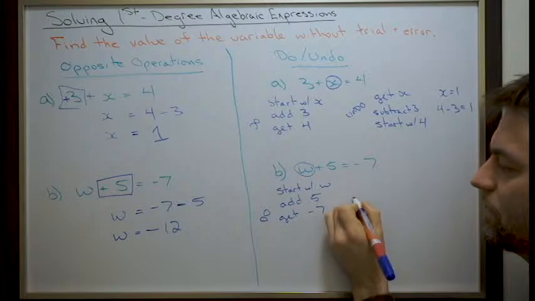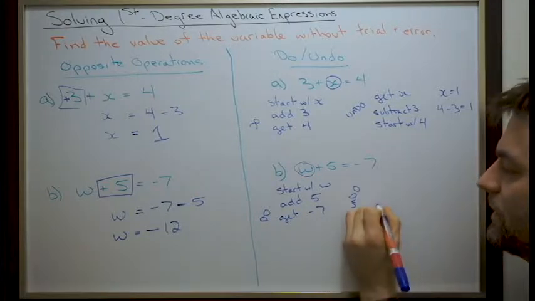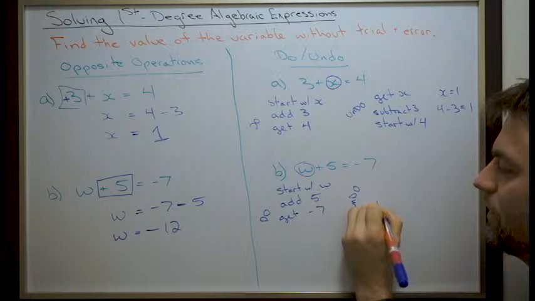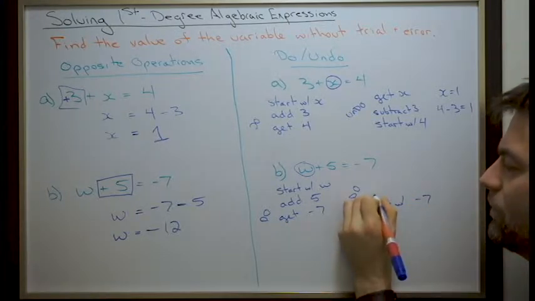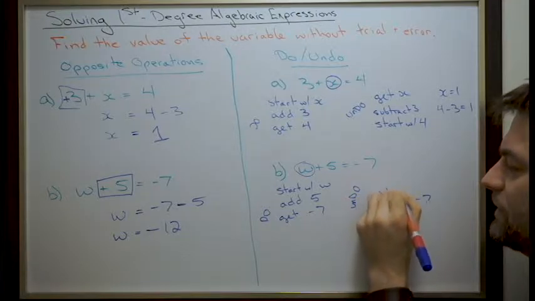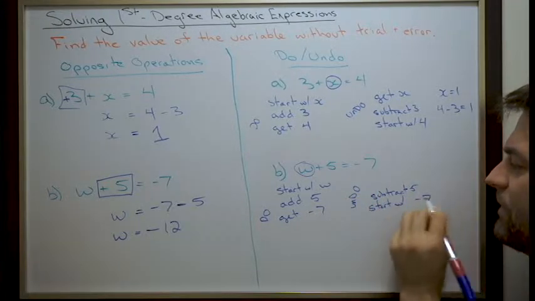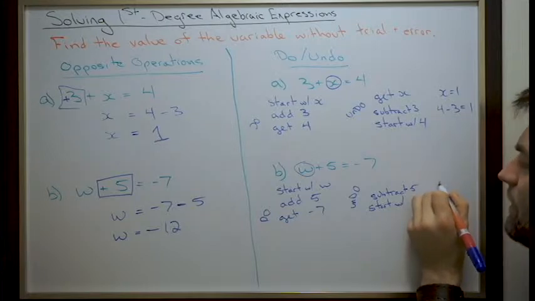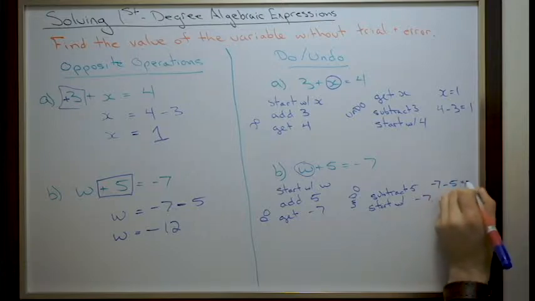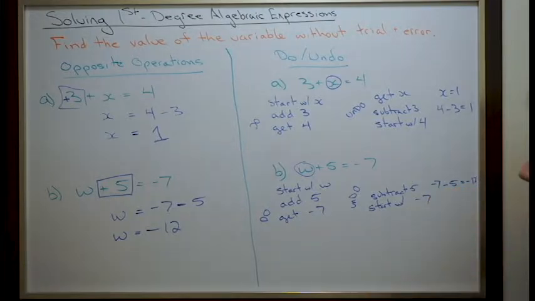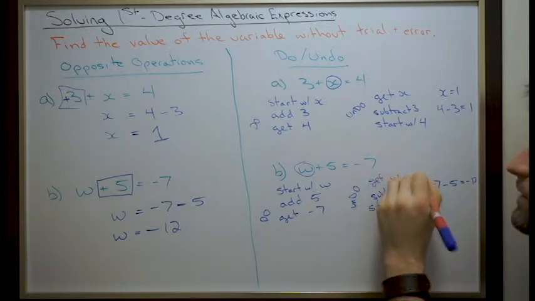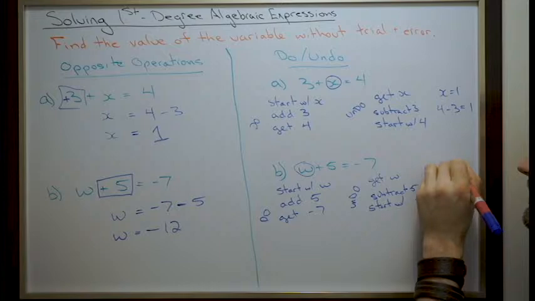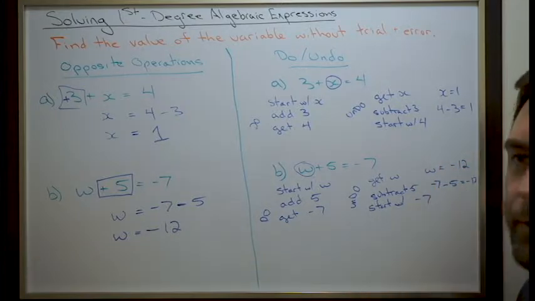So to undo that, we start with -7, we subtract 5, so that's -7 minus 5, which is -12. And then we get w, which is the remaining value.